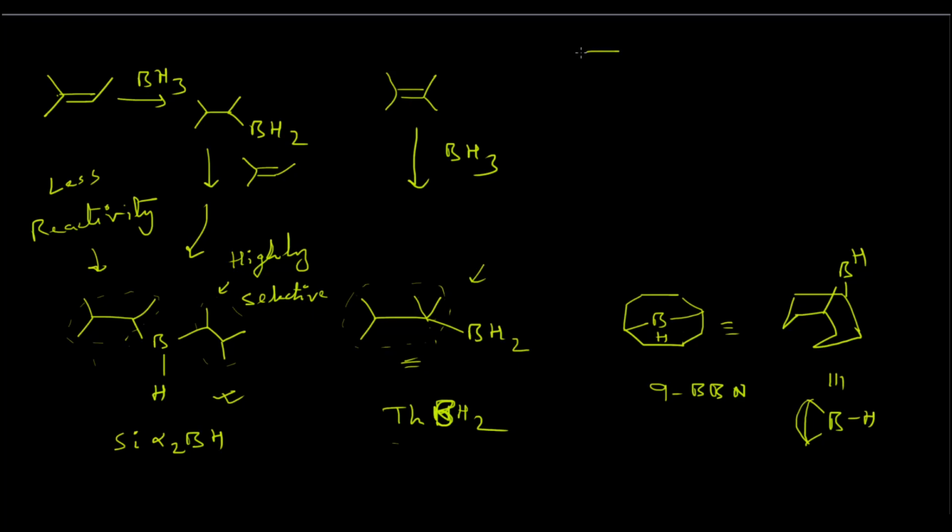In this case also, if we treat this cyclooctadiene with BH3, initially a monoalkyl boron will be generated, and then this double bond will react with this BH2 group, which will lead to the formation of this 9-BBN. And this 9-BBN is also an example of a highly selective hydroborating agent.